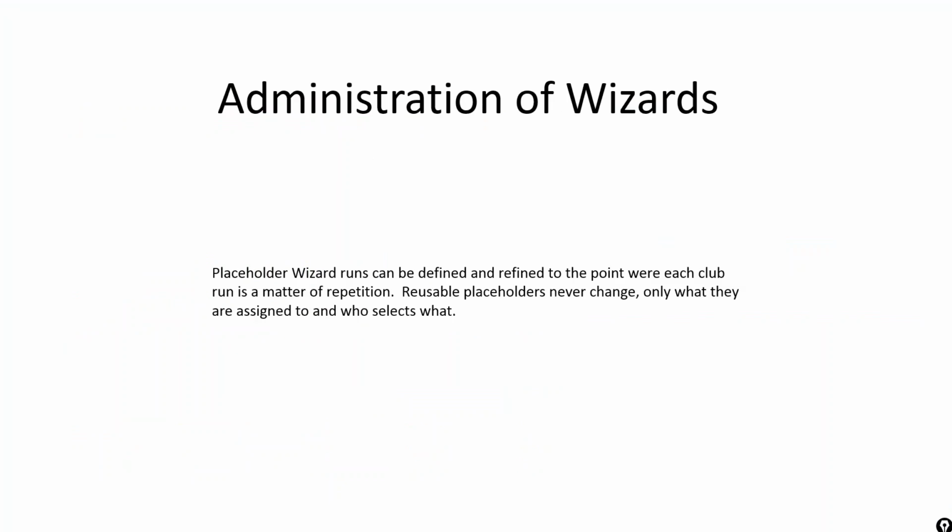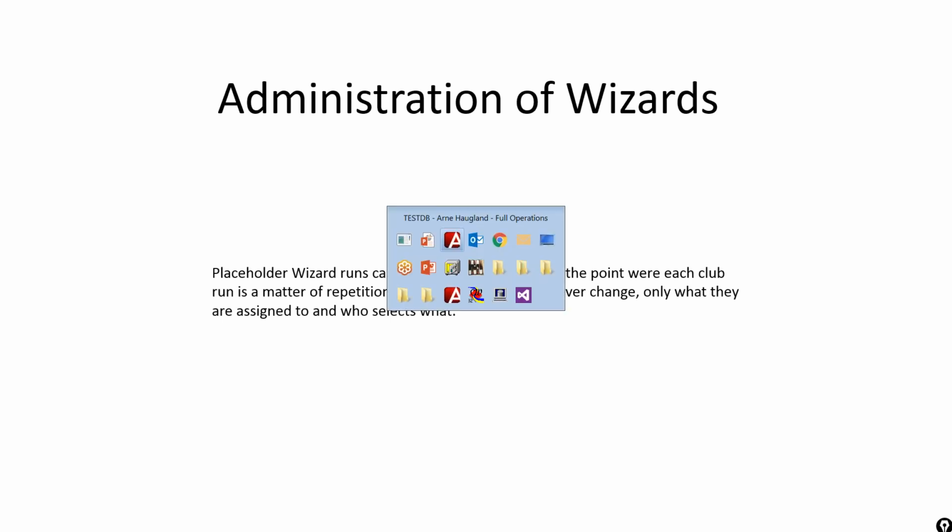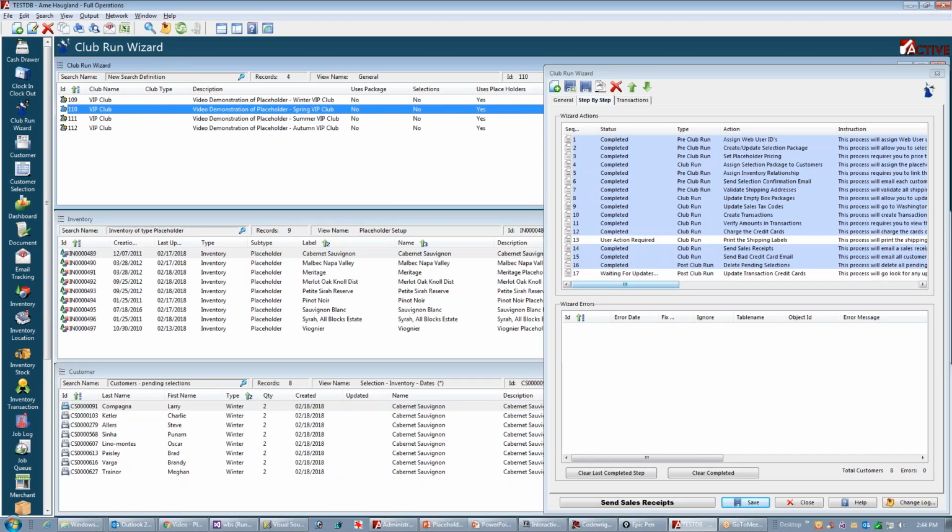So that's the wizard. Now, the interesting thing about placeholder clubs is you can create these wizard runs that are defined and refined to the point where every time you want to run one of these clubs, all you have to do is do the assignments as to what the inventory is and rerun the same process again. So let me give you an example. This is a club we just ran, which is the Spring Club.